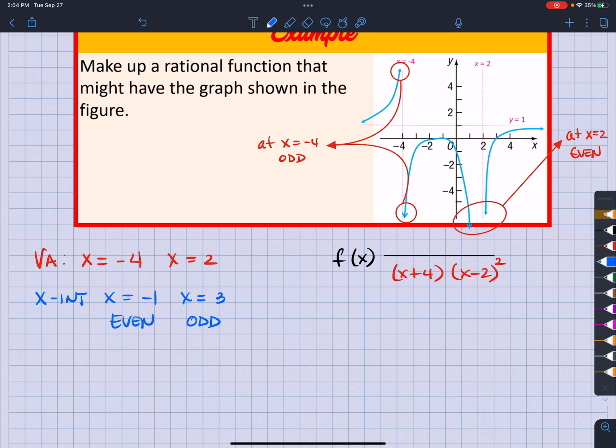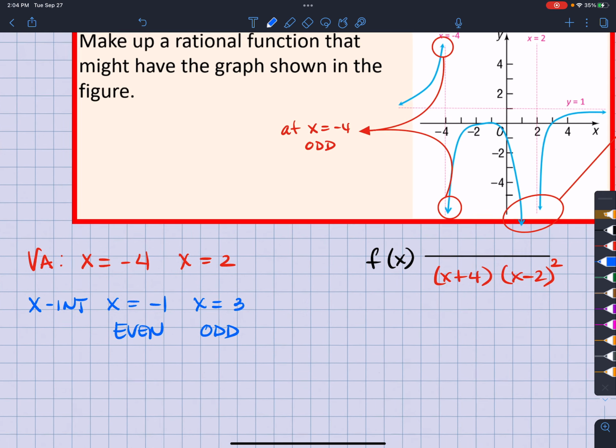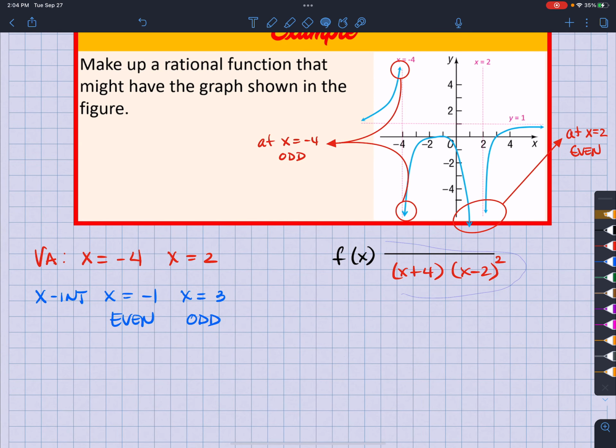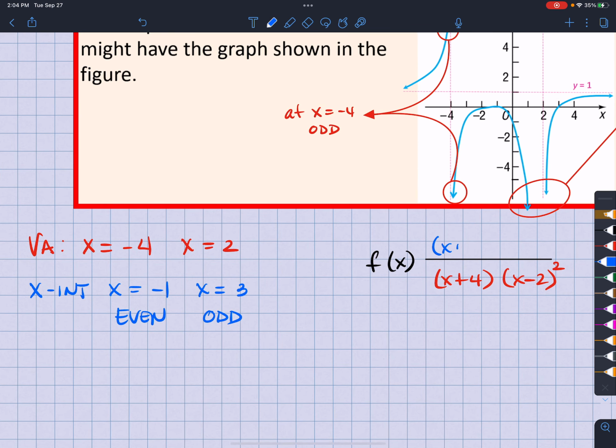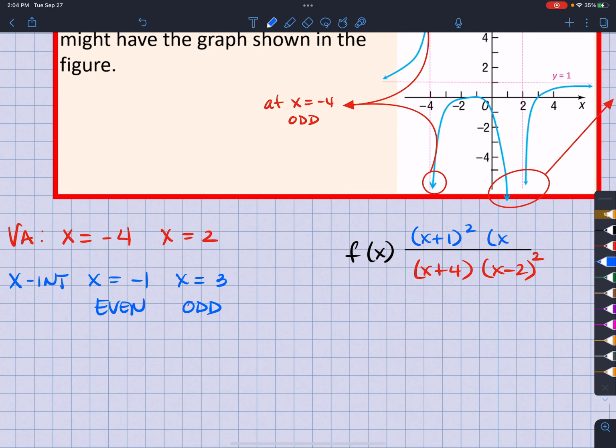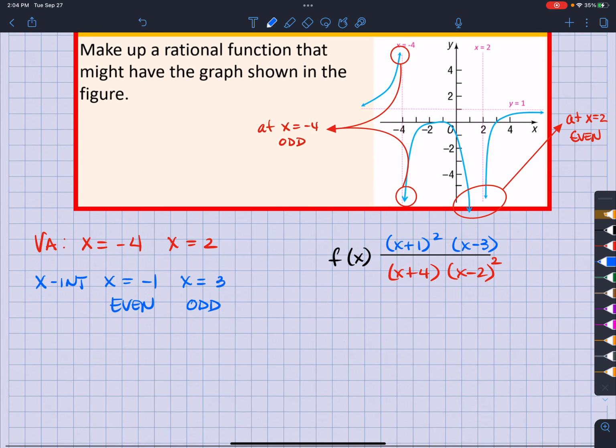Okay. Guess what that's going to help me with? That's going to help me get the top of this rational equation. So the top is going to be x plus 1 squared and x minus 3.